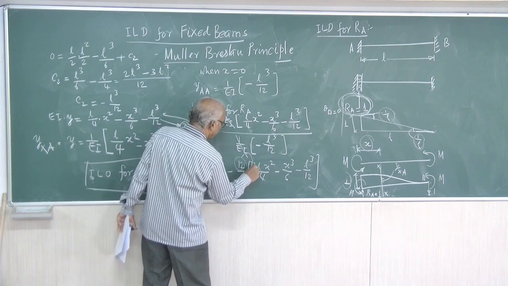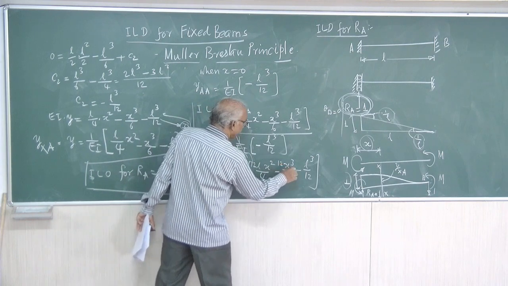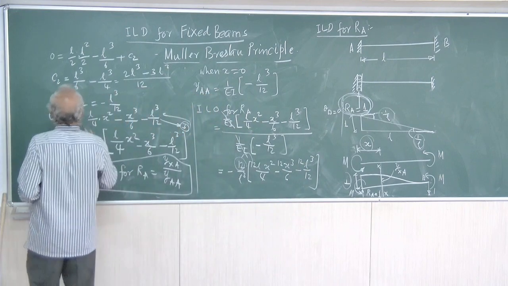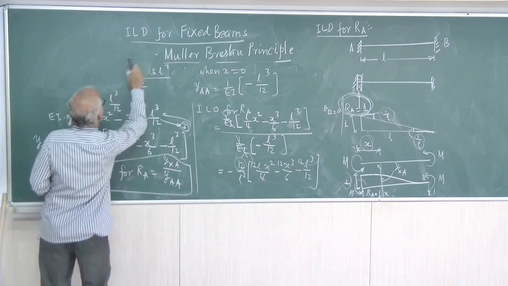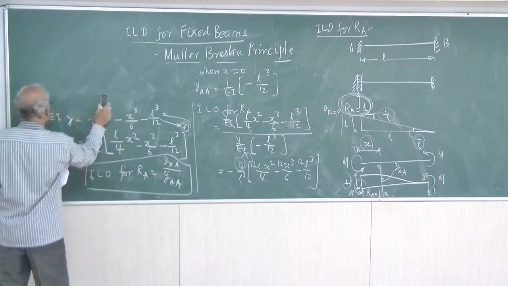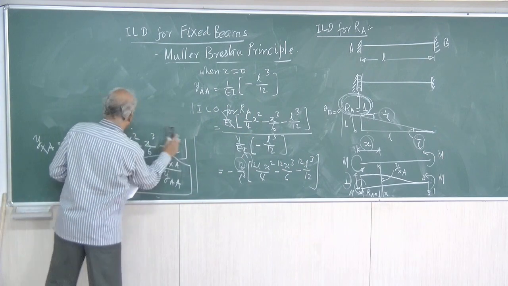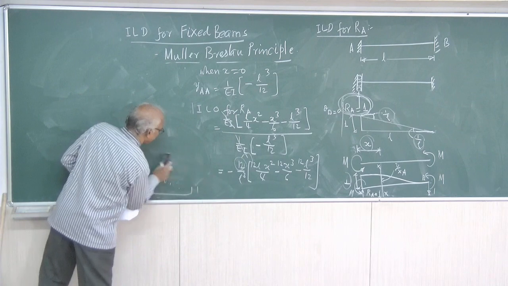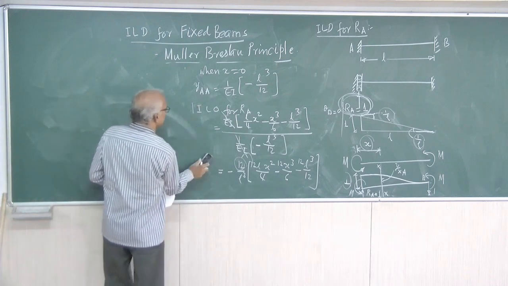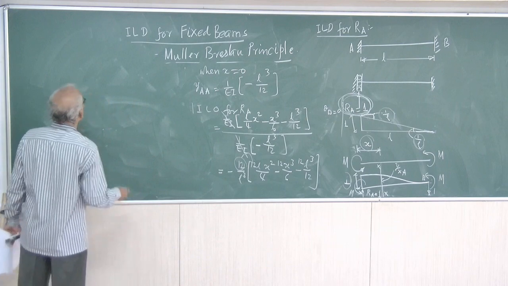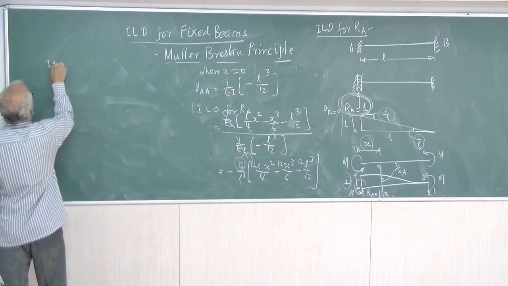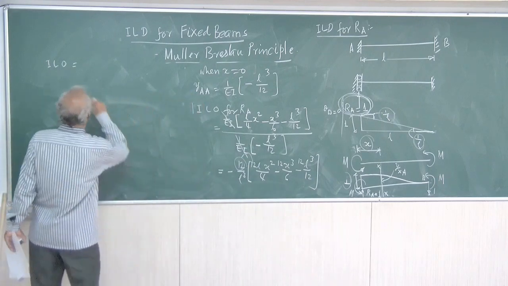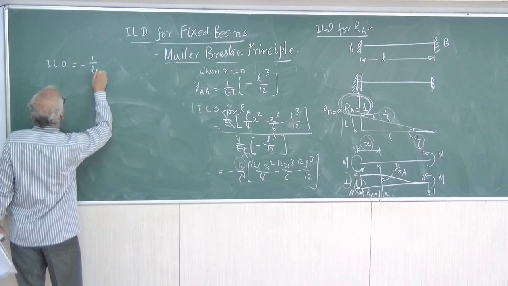So the influence line ordinate equal to minus 1 by L cube.